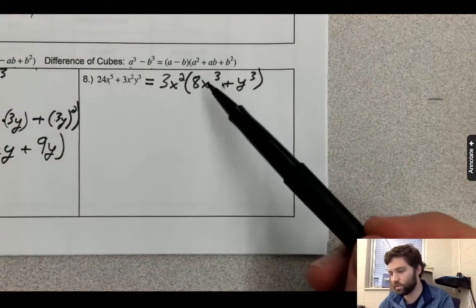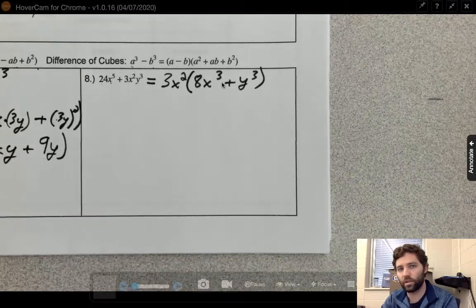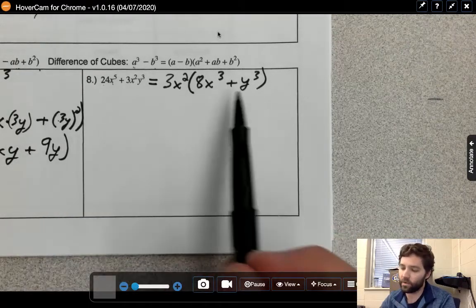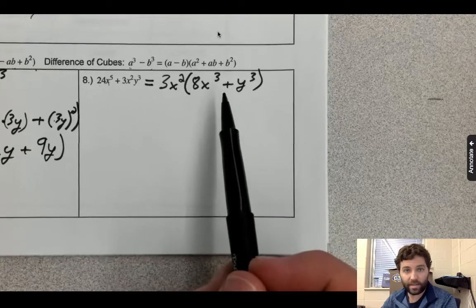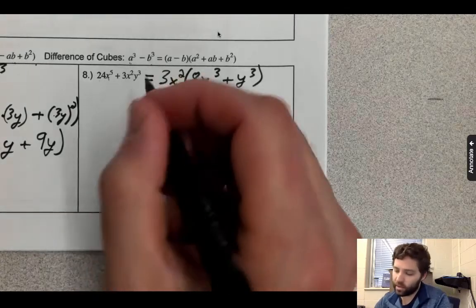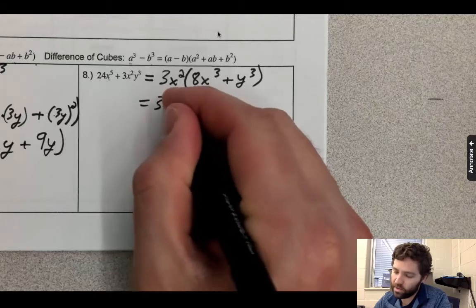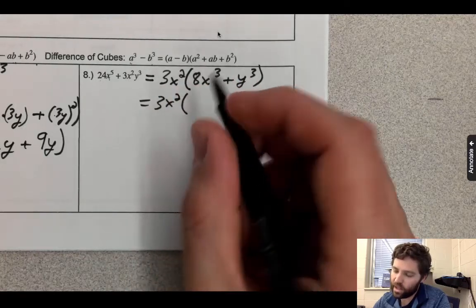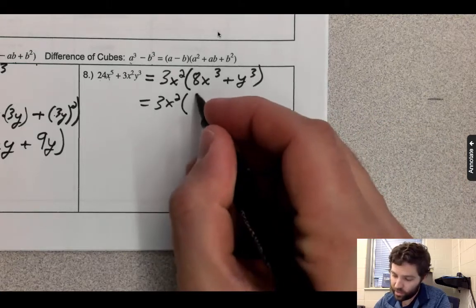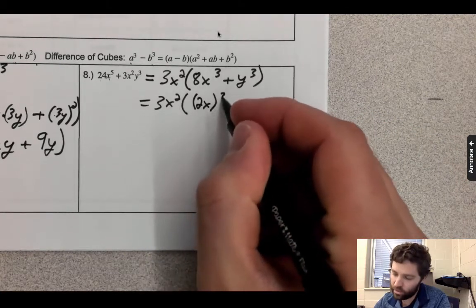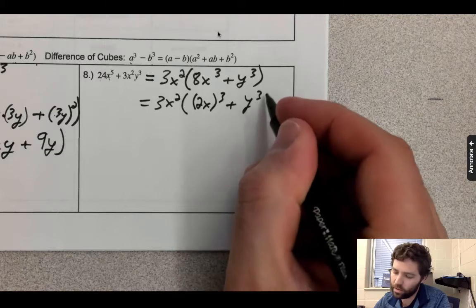And so if you see 2 things cubed, you might think, okay, this seems really close to a sum or difference of cubes. And it is, it's just not written in the proper format. So let's do that so that the problem is easier. What number cubed is 8? That would be 2. So I'm going to take 2x cubed plus y cubed.